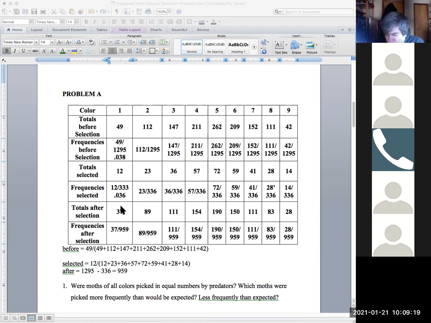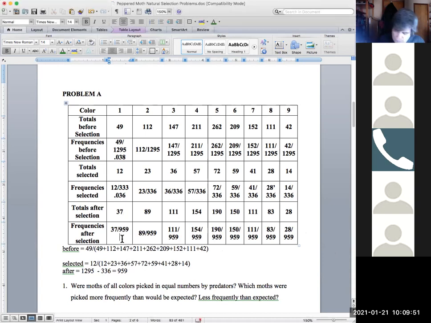Let's take 37 divided by 959. And I get 0.039.